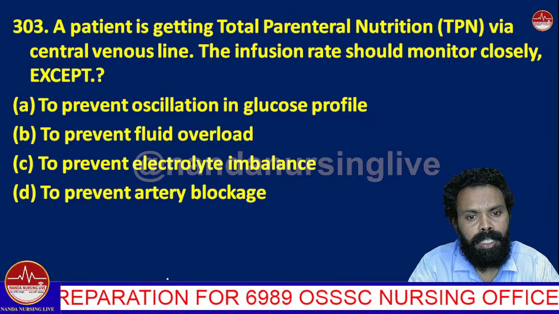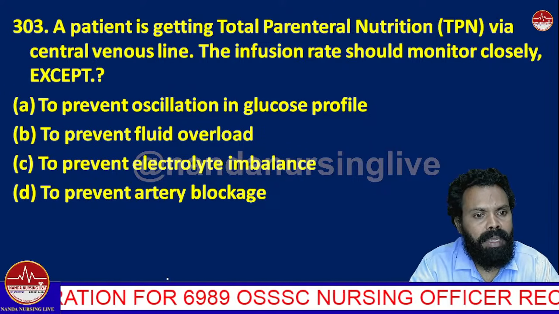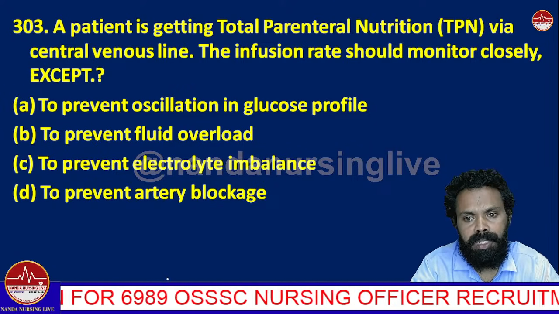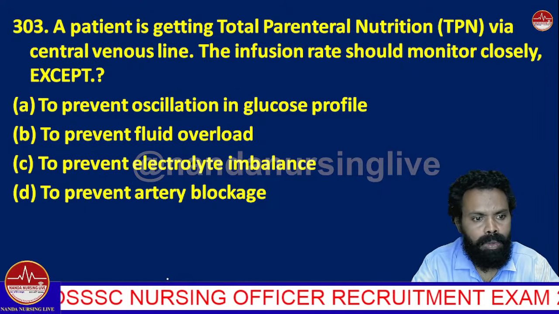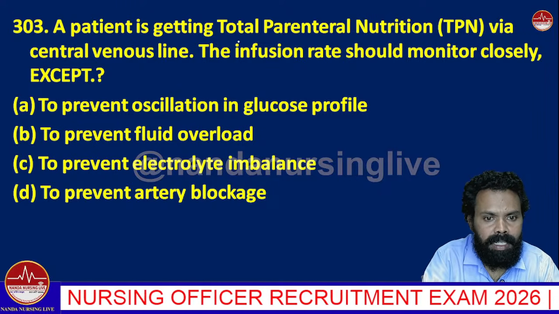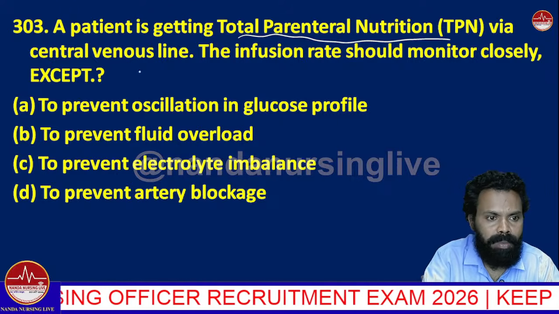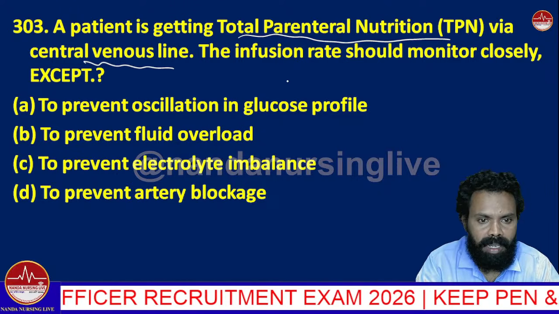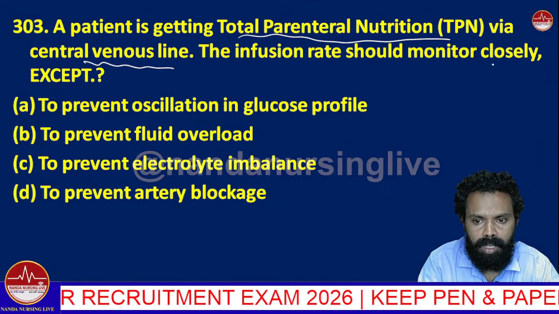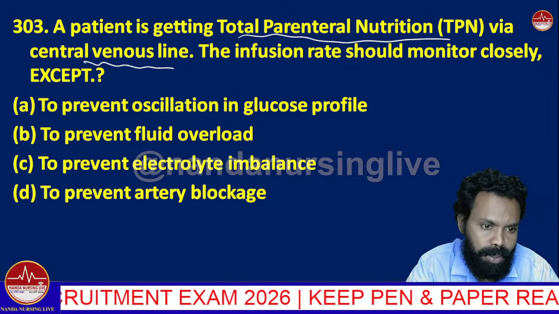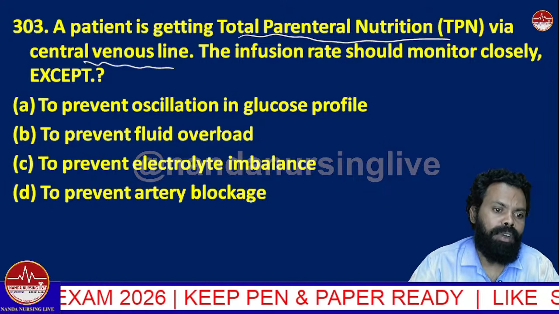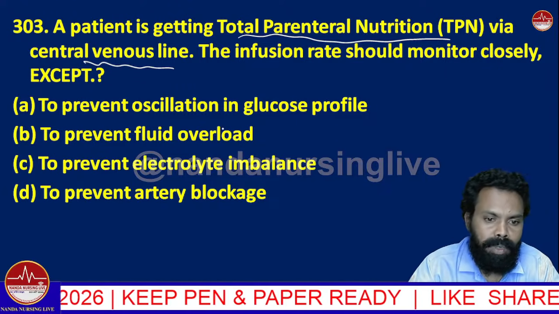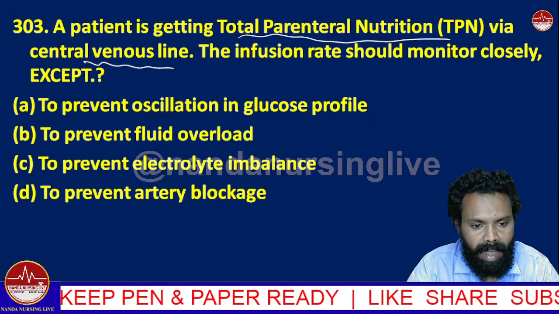A patient is getting total parenteral nutrition, TPN, via central venous line. The infusion rate should be monitored closely except: option A, to prevent oscillations in glucose profile; option B, to prevent fluid overload; option C, to prevent electrolyte imbalance; option D, to prevent artery blockage.